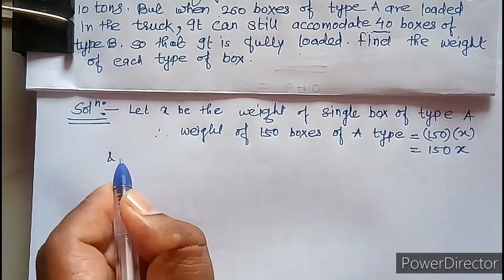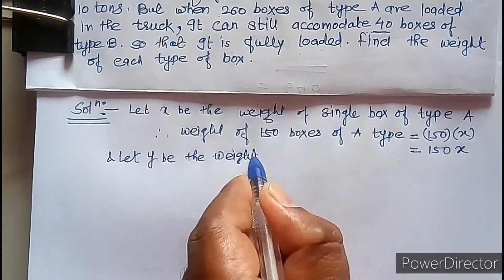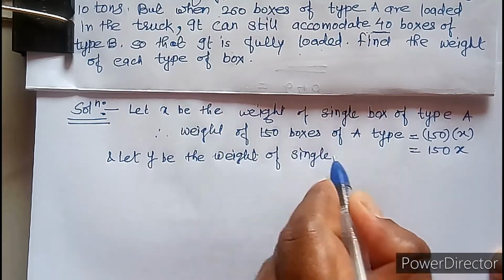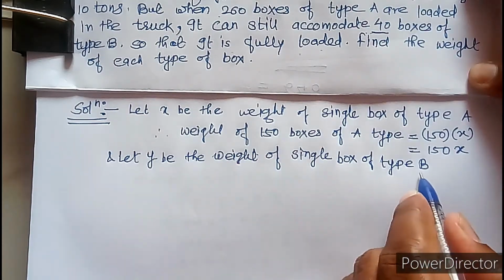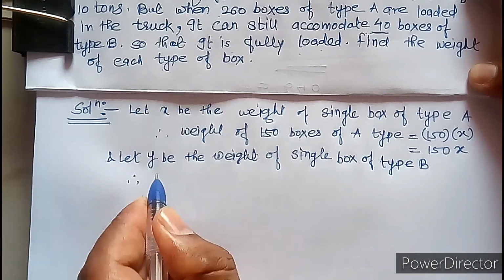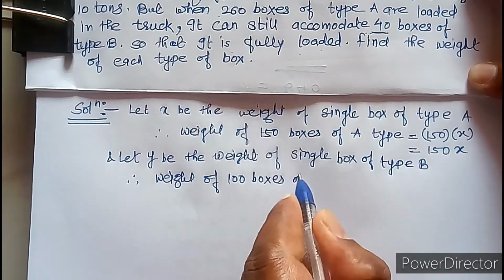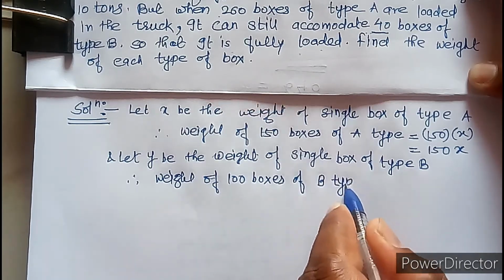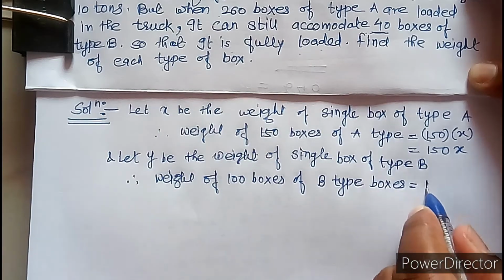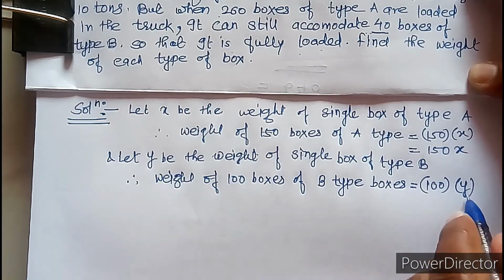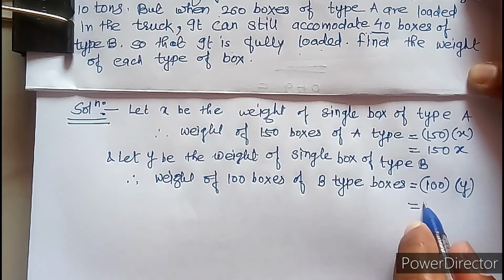Here assume, let y be the weight of a single box of type B. Therefore the weight of 100 boxes of B type will be 100 multiplied by y, because y is the weight of a single box, that's why it is multiplied by 100. Then we get the weight of 100 boxes, it will be 100y.